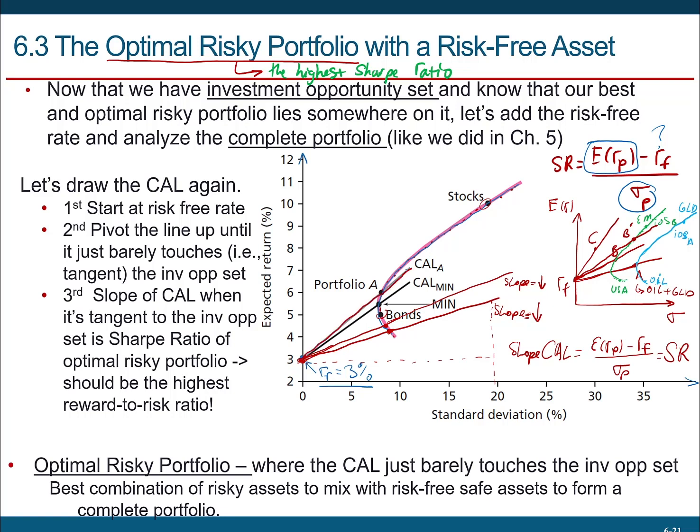Here, for instance, that actually is steeper. Is it the highest we can do? Well, actually not the highest. We can pivot the line even further up. It's still a straight line, even if my drawing looks a bit curvy, and the straight line is going to hit the investment opportunity set at this particular point.